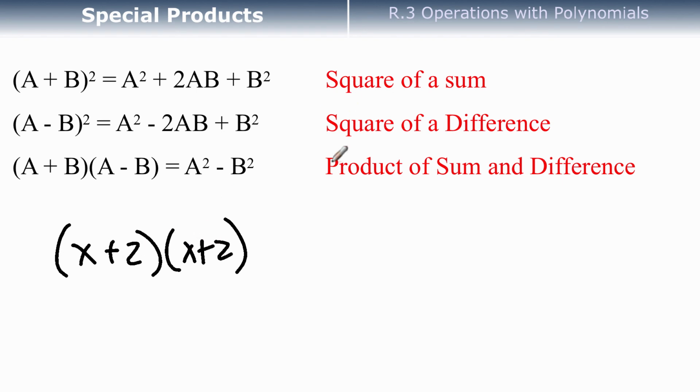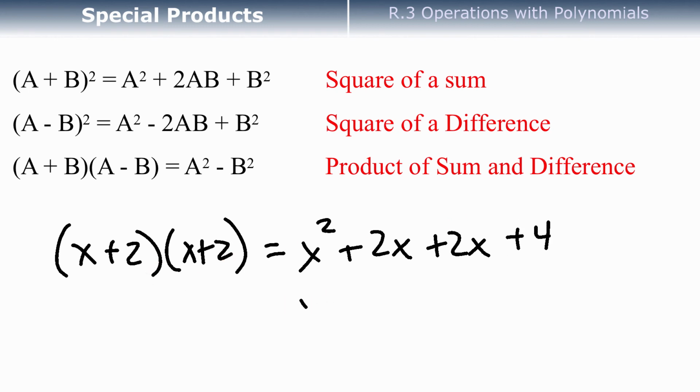You don't have to worry about memorizing these, but let me just show you what happens. So x times x would be x squared. X times 2 would be a 2x. 2 times x would be 2x. And lastly, 2 times 2 would be 4. So when I simplify that, that would be x squared plus 4x plus 4.